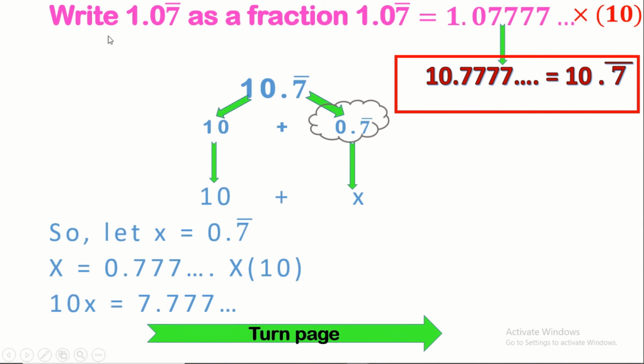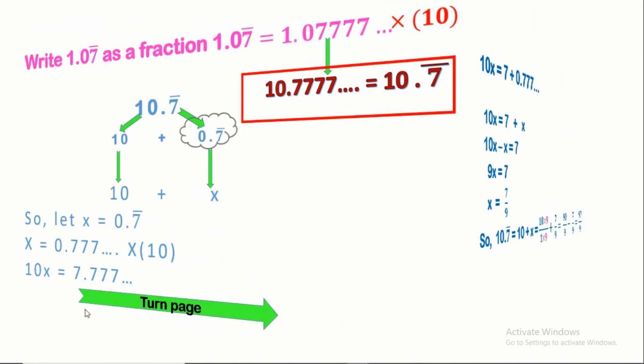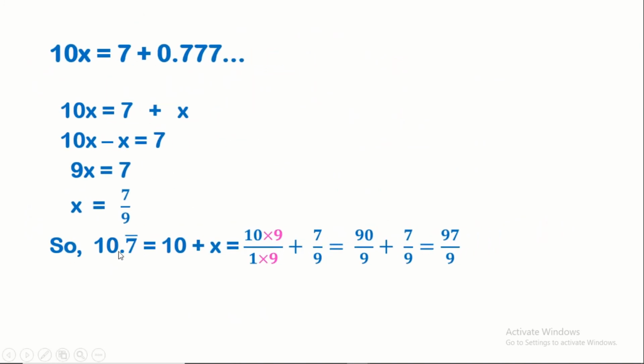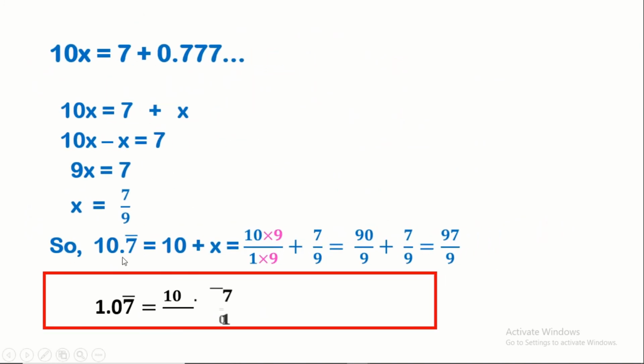To return it back, as we multiplied by 10 here, we should divide again by 10 to get the main answer. So now we're going to divide 10.7 bar by 10. As you see, we move the point one digit to the left, which will give us again 1.07 bar.